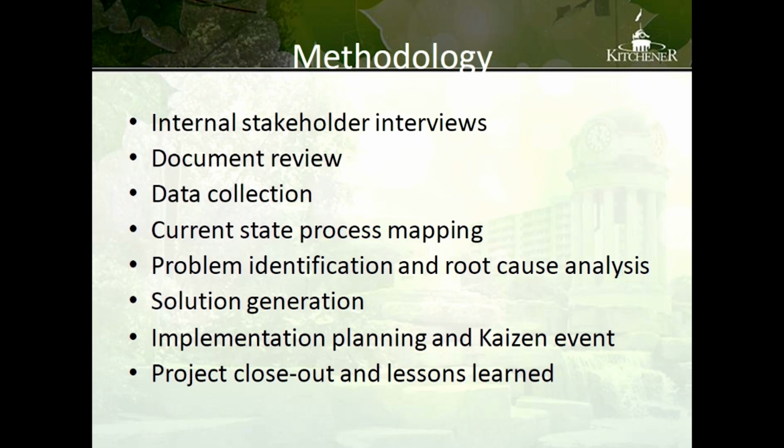We then did some problem identification and root cause analysis, solution generation through brainstorming, implementation planning, including one Kaizen event where the group provided feedback on a mock-up of some system changes, and finally a project closeout meeting where the team discussed lessons learned and next steps.